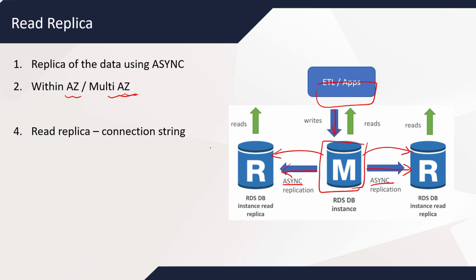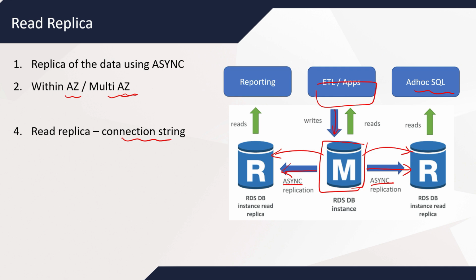And then read replicas will have a separate connection string, so that any ad hoc SQL queries or reporting purposes can read from this instead of connecting to the master, right? What will happen if the reporting or ad hoc SQL fires on the master database is that it will have an impact on the master. So if you are writing data and somebody else is reading, you will have some performance hit.